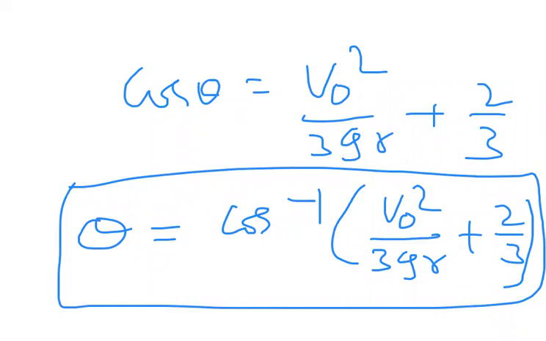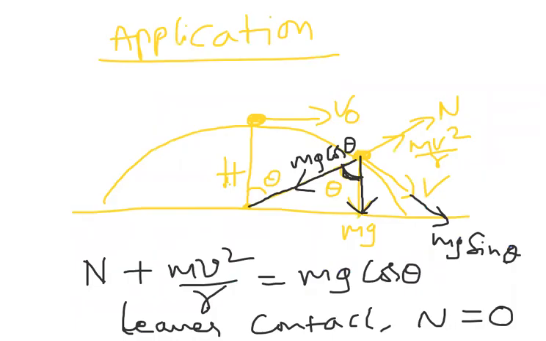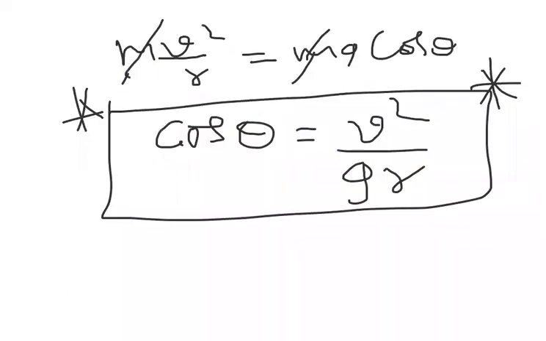Like that, we have to get the expression, beta. Let me show from the start what we did, all the things here in this application. This is the first page we discussed. Please check it out. Here it came from the initial velocity v naught to the velocity v. Here we placed normal reaction 0, and from that we got cos theta is v square by gr.